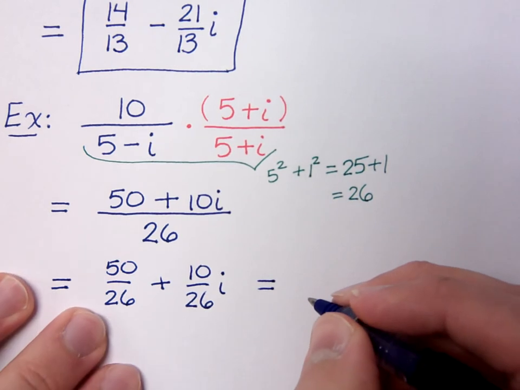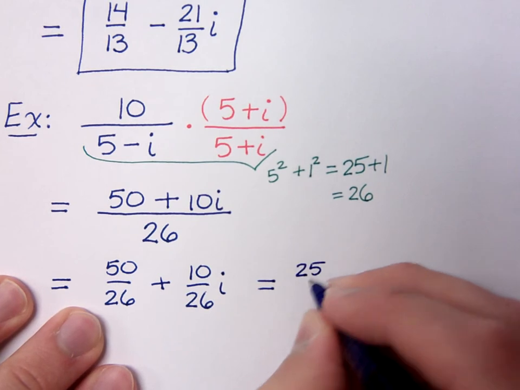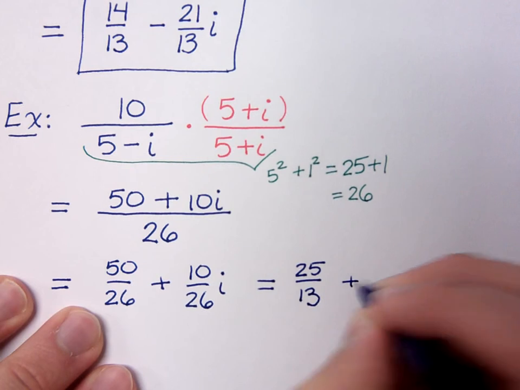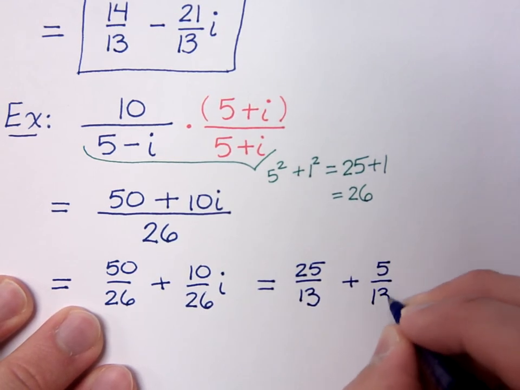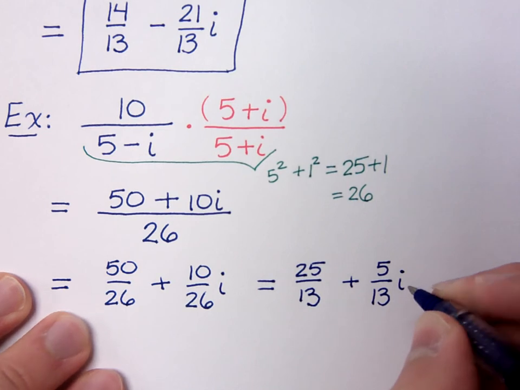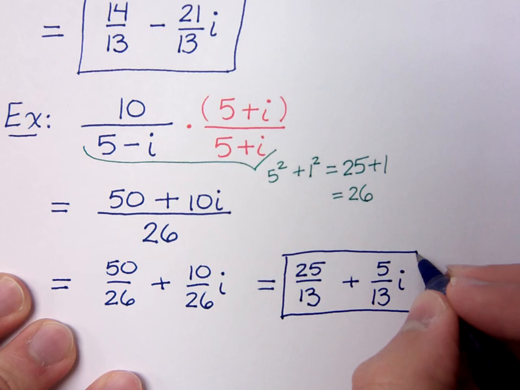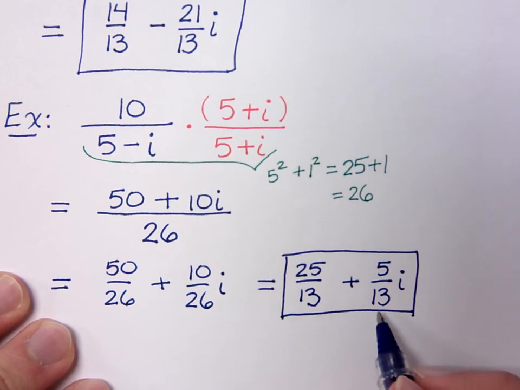So 50 over 26, these have a common factor of 2. So we have 25/13 plus the other one you will also reduce by 2, and that's 5/13 i.